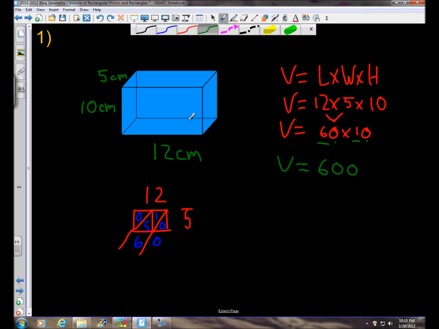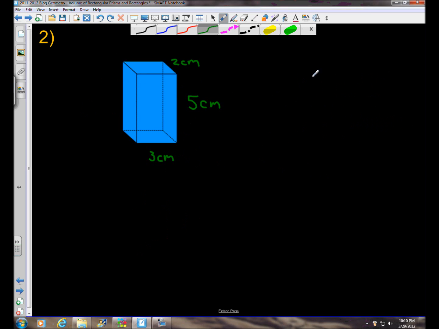Then we have our volume at 600, and our unit was centimeters, so we'll take centimeters to the third power, and we'll have 600 cubic centimeters would fill up this rectangular prism. And there's the solution to that. We'll move on to problem 2. And that was another rectangular prism, so we once again have the volume formula as volume equals length times width times height.